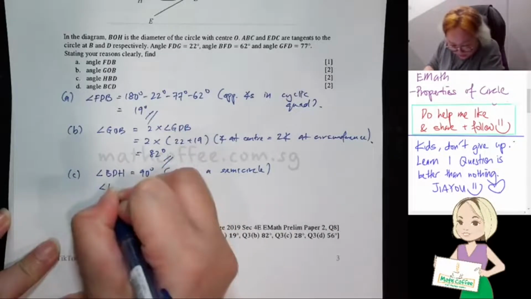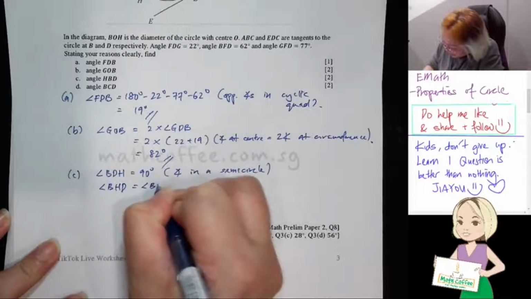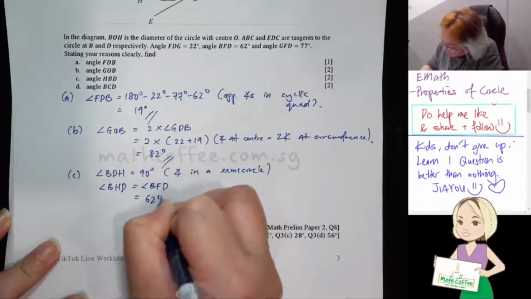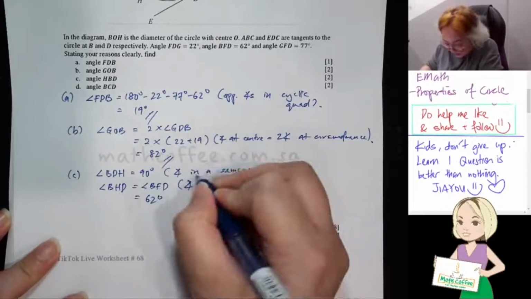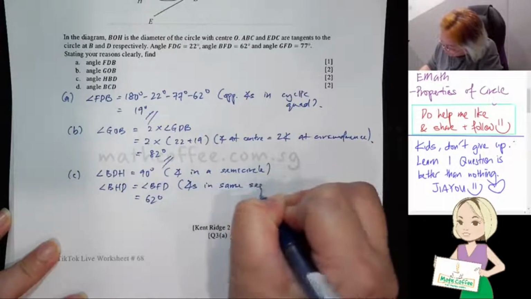So turn the paper, and of course after that we will say angle BHD is equals to angle BFD, which is equals to 62 degrees. Reason is angles in same segment.